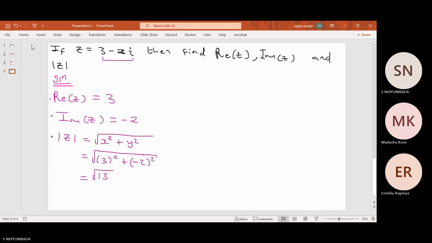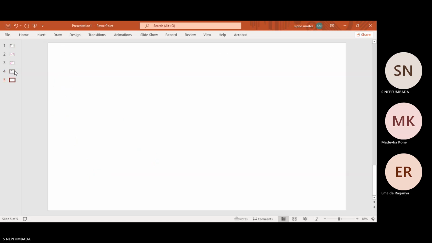Okay. Let's say they say our Z is equal to minus 2 plus i, and our W is equal to 3 plus 2i.